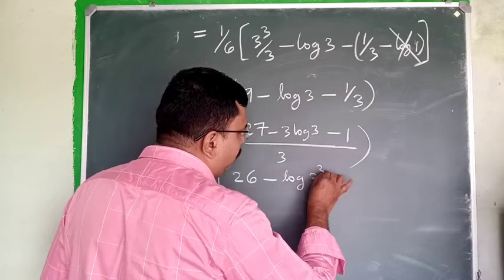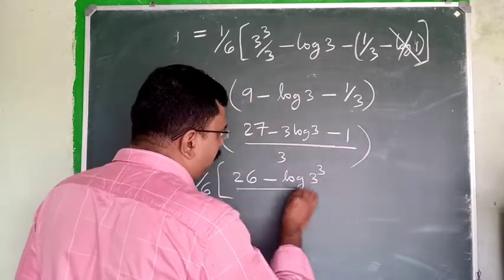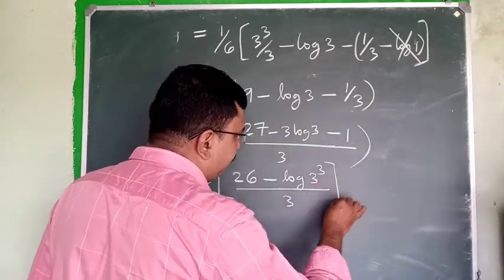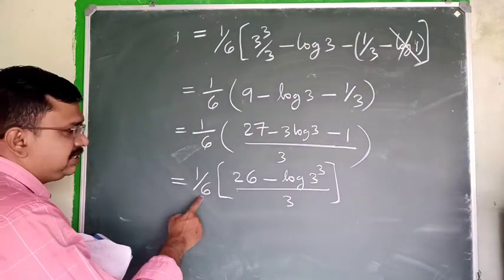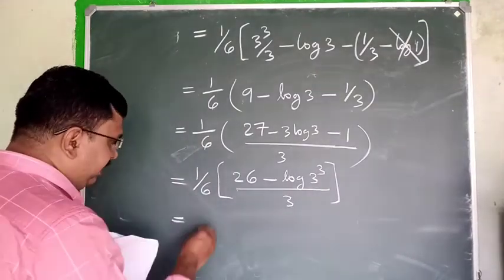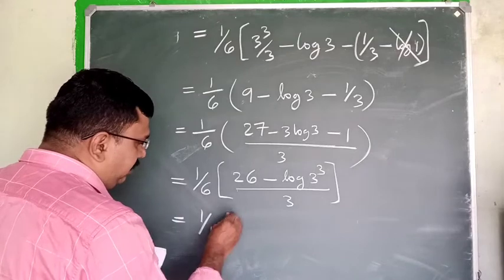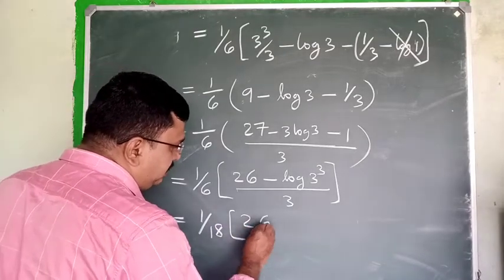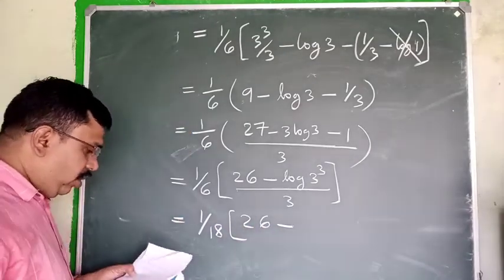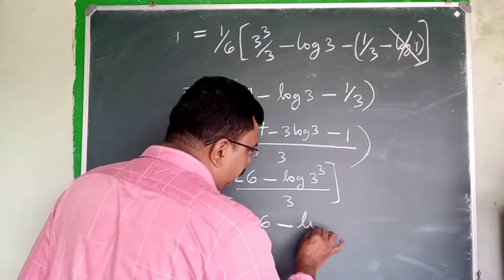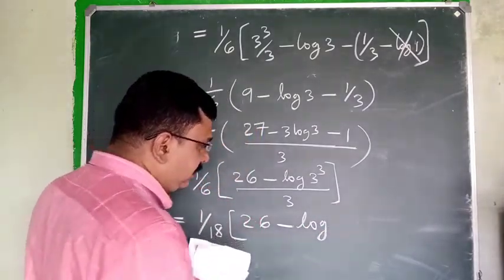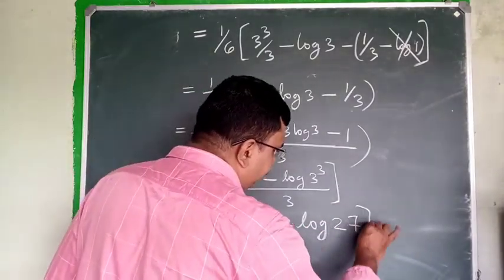that is log 3 cube, the whole divided by 3. That is equal to, 6 into 3 is 18, 1 by 18 into 26 minus log 3 cube, which means log 27.